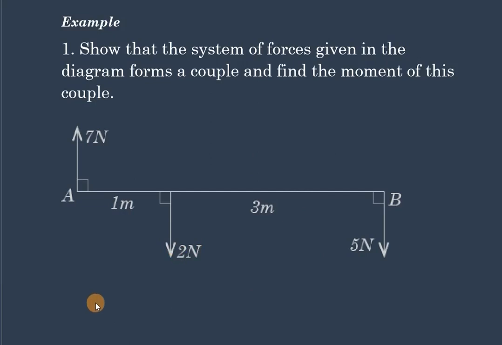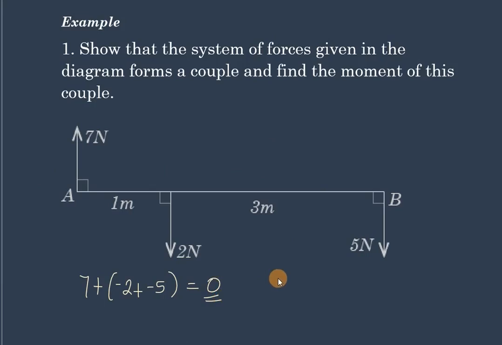We saw that to have a couple, the resultant of the forces must be 0. So 7 upwards plus -2 plus -5 gives 0, so the system of forces here constitutes a couple.